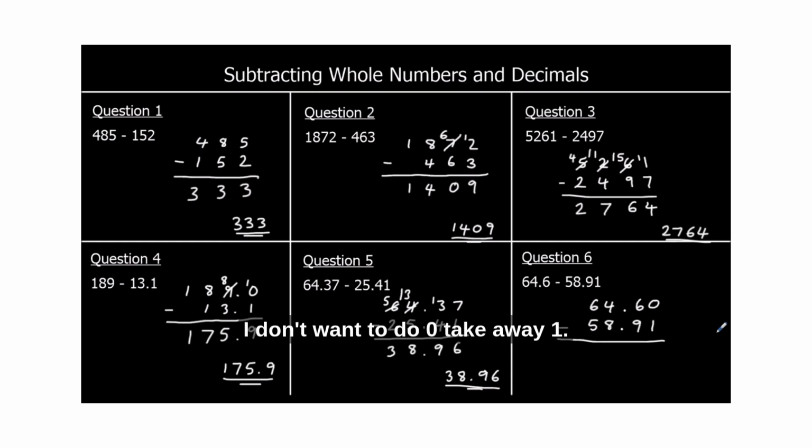I don't want to do 0 take away 1. So I'm going to steal one of the tenths, which is worth 10 in the hundredths. 10 take away 1 is 9. Now the tenths, I've got 5 take away 9. Again, I don't want to do that. So I'm going to steal one of the ones, which is worth 10 in the tenths. 15 take away 9 is 6.